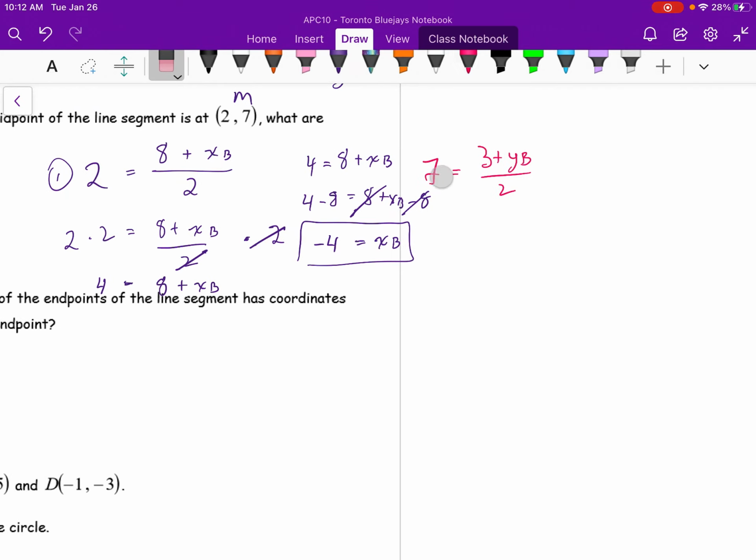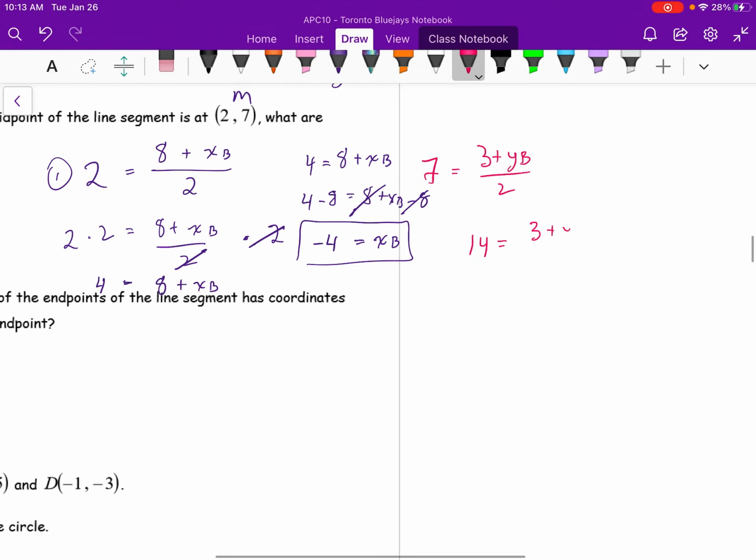If you don't mind, I'm going to speed this up quite a bit. I'm going to multiply both sides of the equation by 2. The left-hand side turns into 14, 7 times 2. The right-hand side is 3 plus yb over 2, times 2. Those two cancel each other out, so I just have 14 is equal to 3 plus yb.